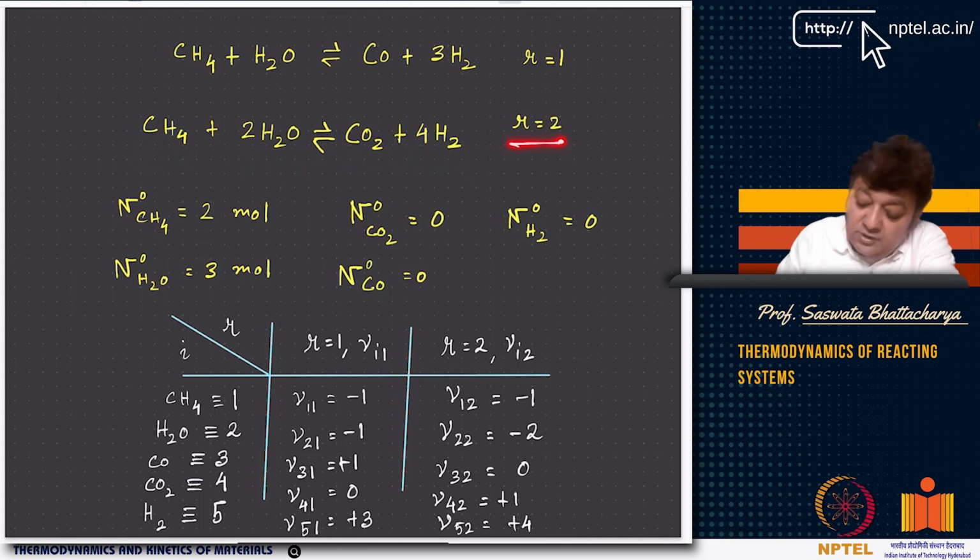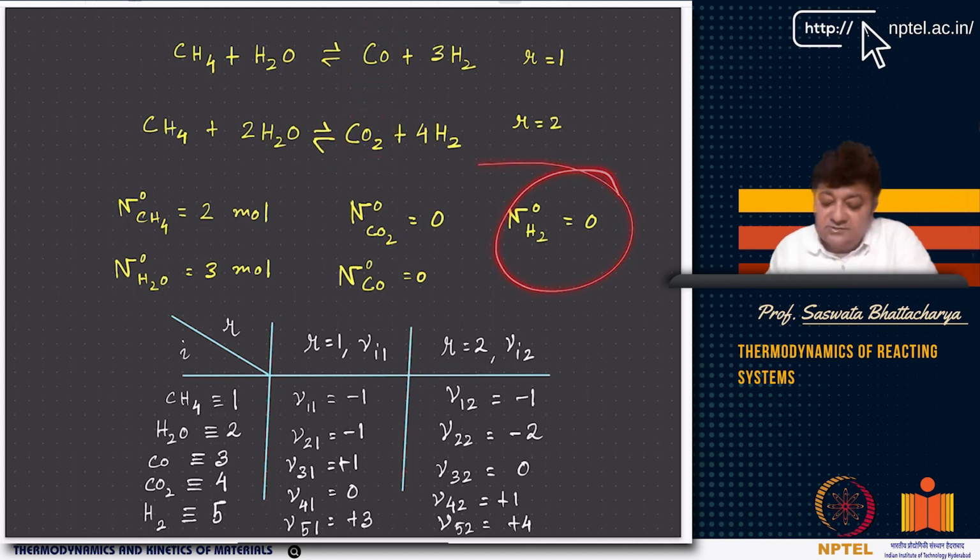This is reaction 2. Now the N0 of CH4 was basically 2 moles, 1 mole here and 1 mole here. For water it was 3 moles, but for CO it was 0, CO2 it was 0, and hydrogen also it was 0.